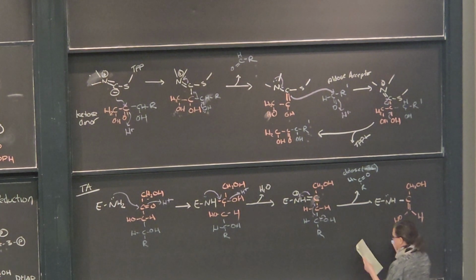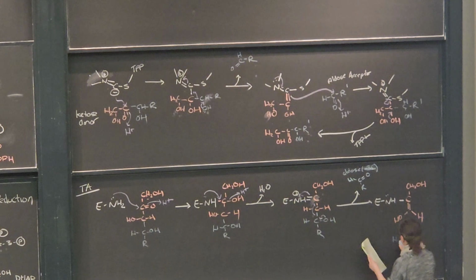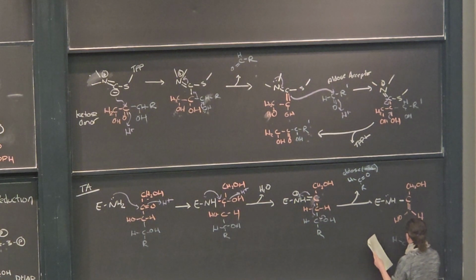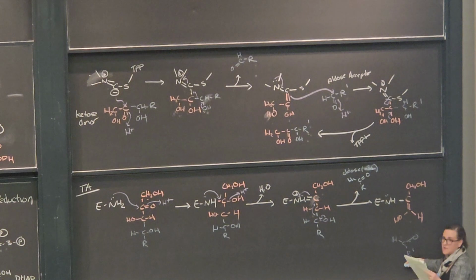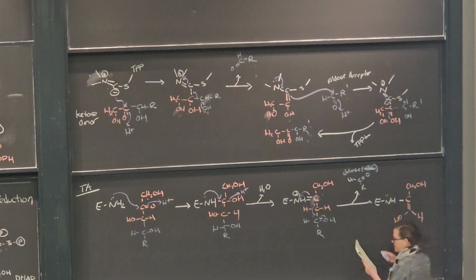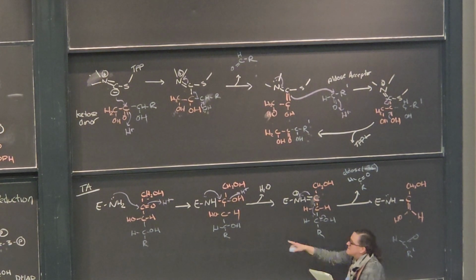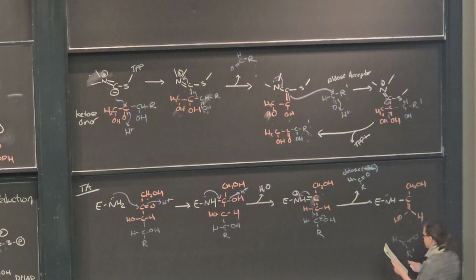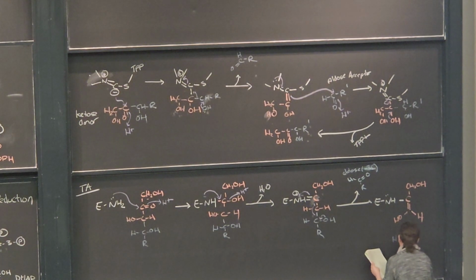We can now bring in another aldose acceptor. Again, I'm going to denote this as R prime to distinguish this from the first R group that's present on the ketose that came in. So this is our aldose acceptor.